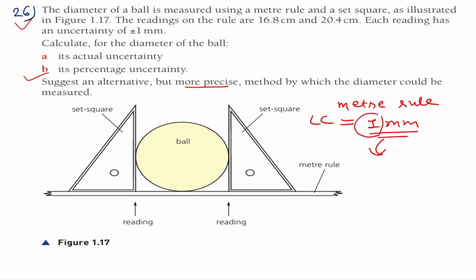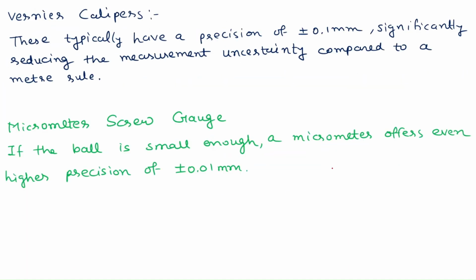This has a precision of about 1 mm. So if we have an instrument whose least count is below 1 mm, yes, we have: vernier calipers and micrometer screw gauge. Vernier calipers has a least count of about 0.1 mm, and the meter rule has 1 mm, so it is more precise than the meter rule.